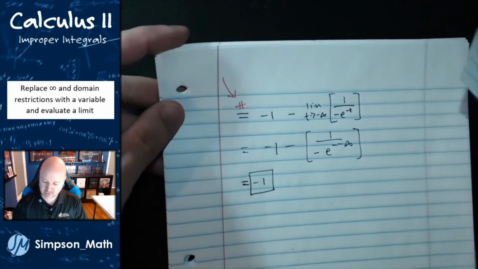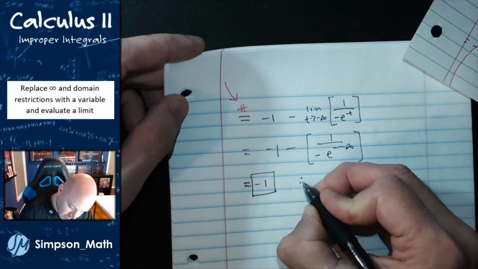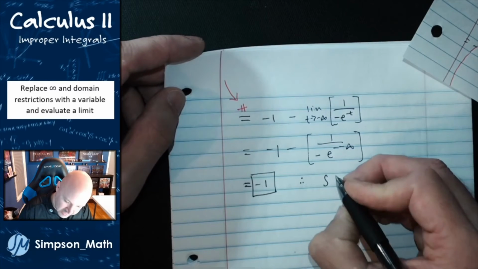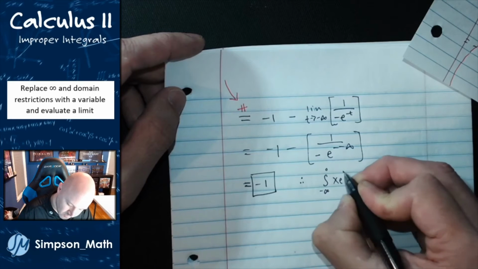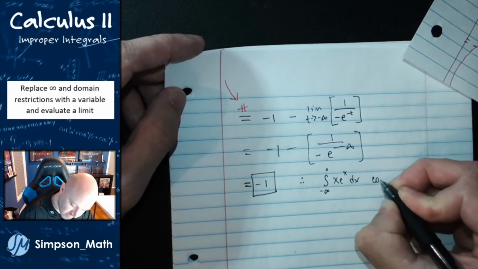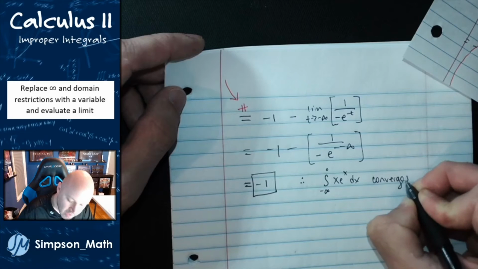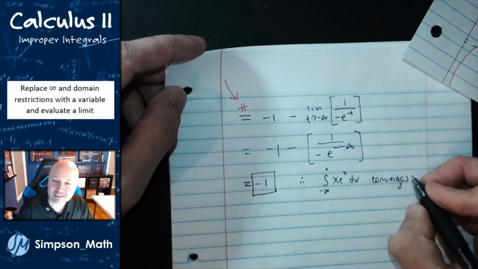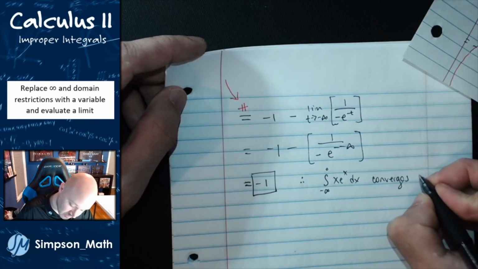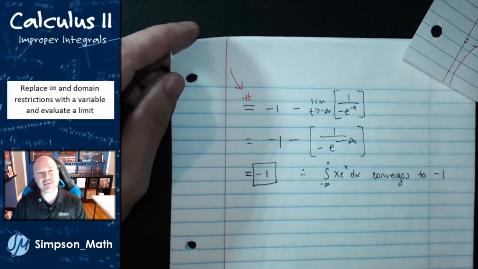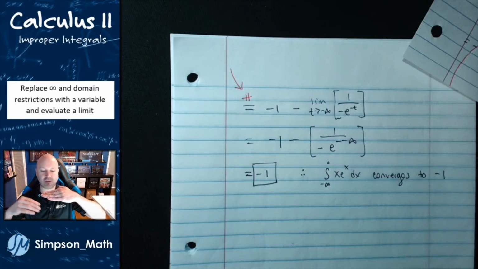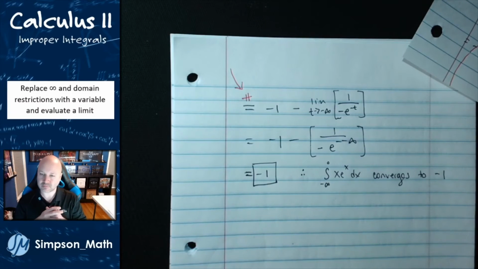I got a number, so that means my original integral converges, and when we add up all that area, we get negative 1. The negative area just means we've got a shaded region below the x-axis. Wowza.